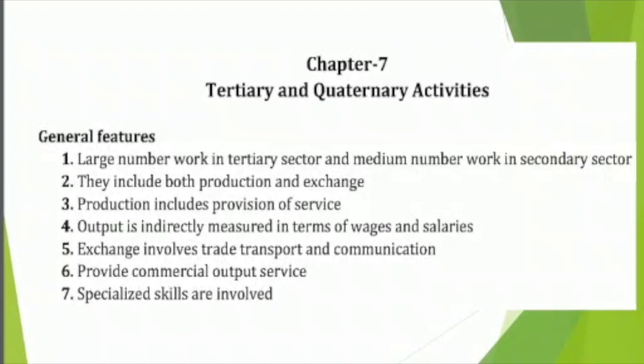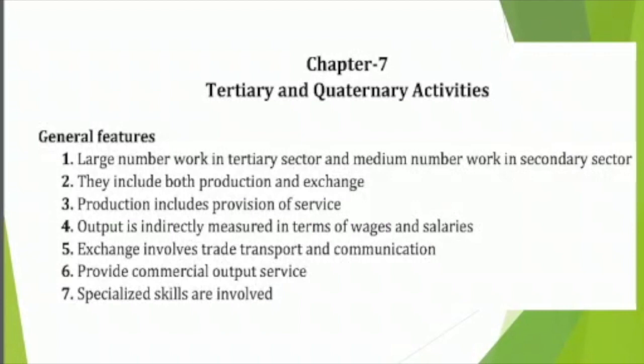In the service sector, the output or the product cannot be seen or touched like those of primary and secondary activities. In secondary and primary activities we can see the product or the output, or it can be measured in terms of tonnage or kilograms.